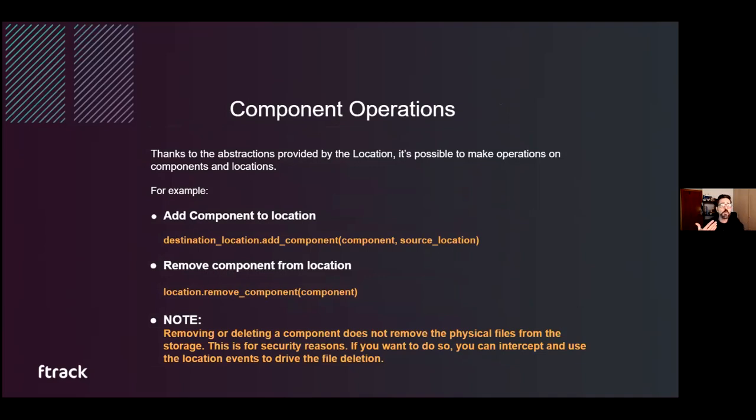For example, we simply want to take one component from a location and add it to another location. In this case, I might just want to transfer my file from my local disk to the central storage of the company. Destination location, which will be the centralized storage scenario of the company, add component, the component I want to transfer, source location. Behind the curtains, the file will be transferred.